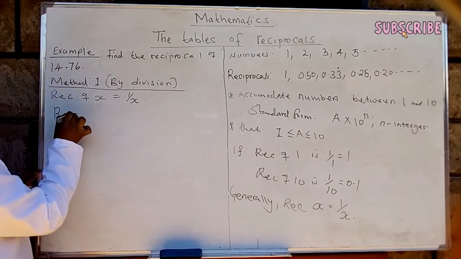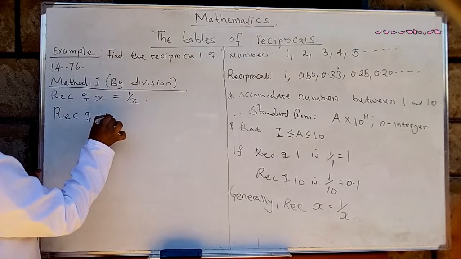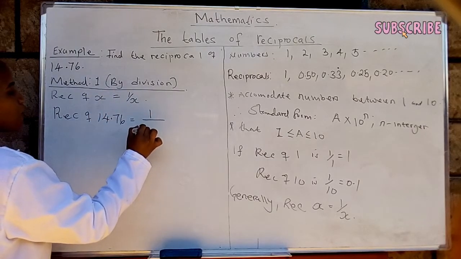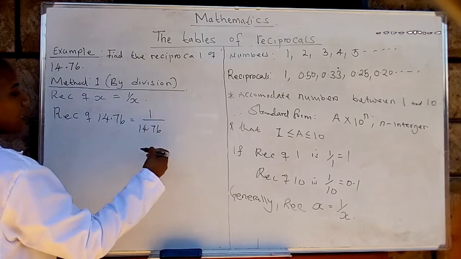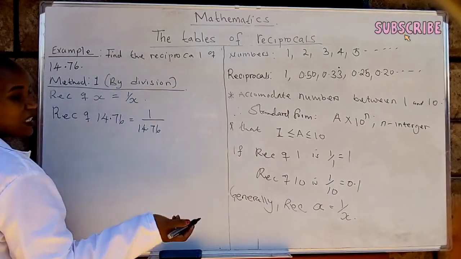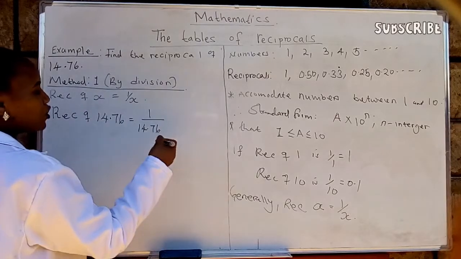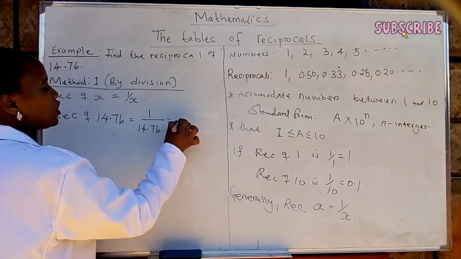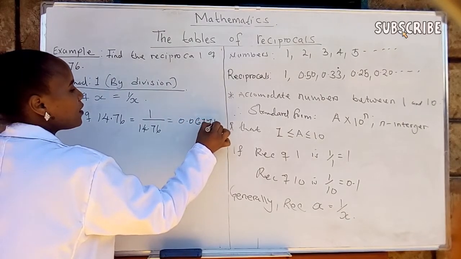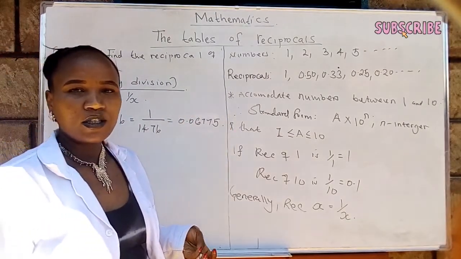So it means that the reciprocal of 14.76 is equal to 1 over 14.76, and when you do the division, 1 divided by 14.76 using a calculator or division method, we shall get 0.06775. Just as simple as that.